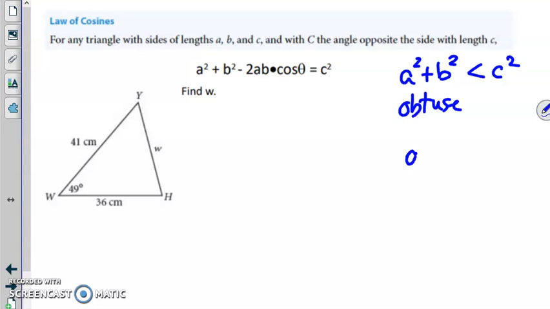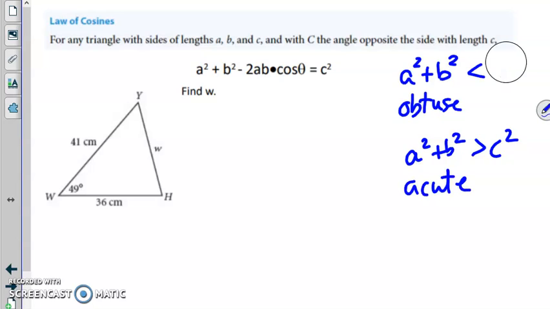And if A squared plus B squared is more than C squared, that's the acute triangle. For the obtuse, if C squared is bigger, that means I have to add something to make it work out. So A squared plus B squared plus something has to equal C squared.